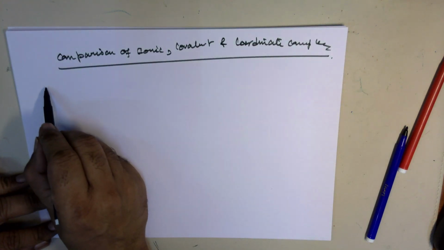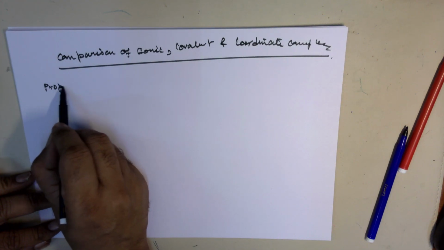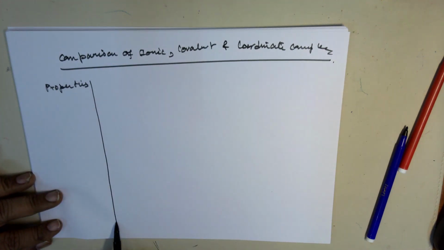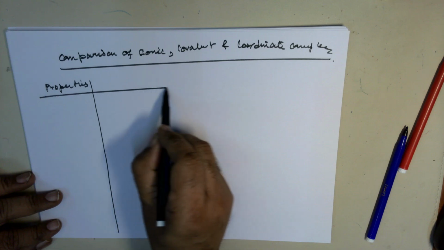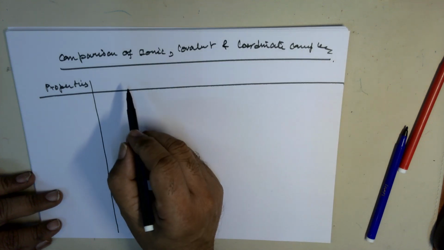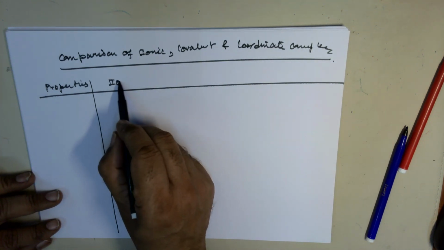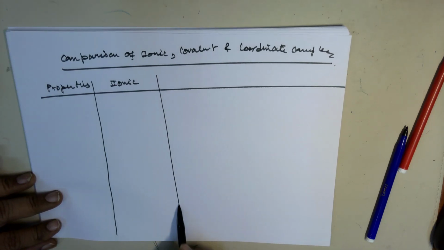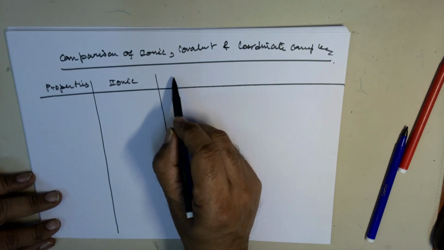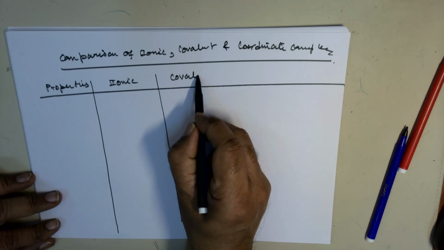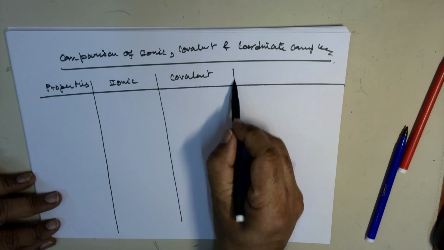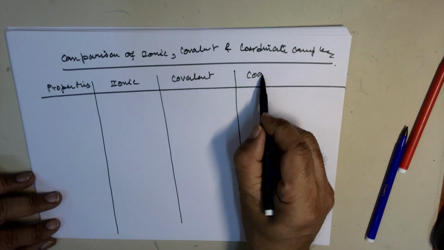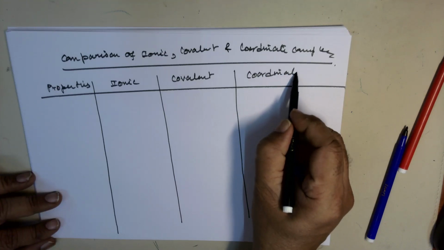So let us go ahead with the properties in the first column and ionic in the second column, covalent in the third column, then coordinate in the fourth column.